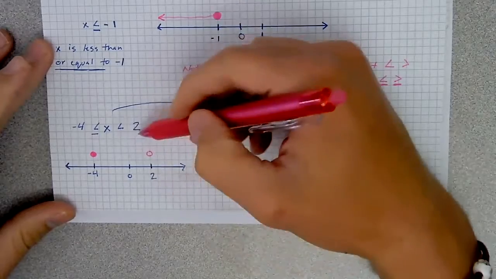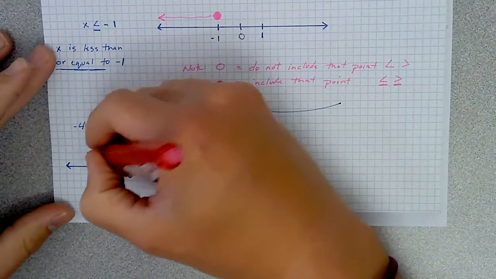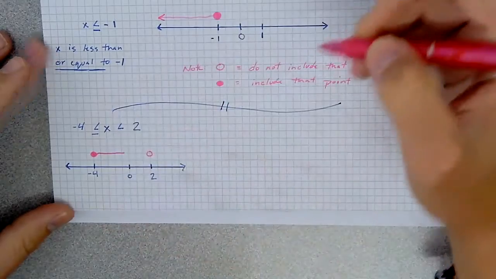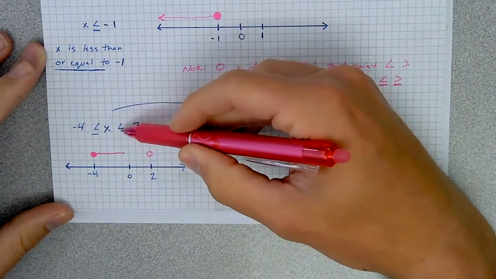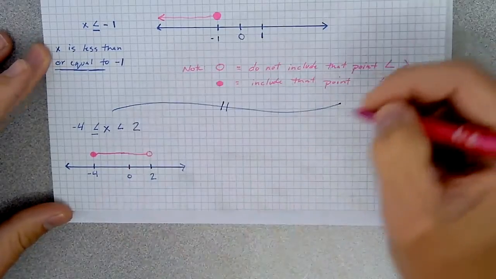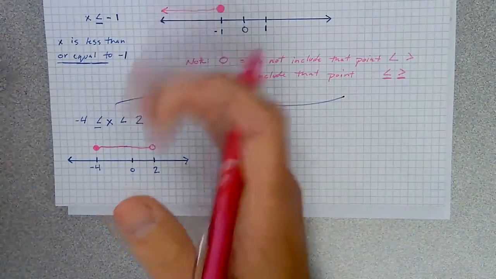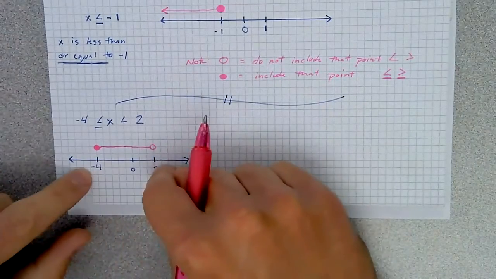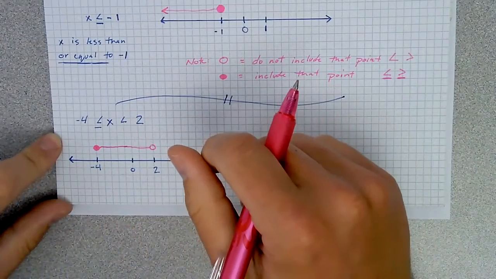All right, so if x is greater than or equal to -4, that's all the points going to the right. And then I have x is less than 2, which would be all the points going to the left. Okay, and I create this little stretch of numbers right here that all fit into x.